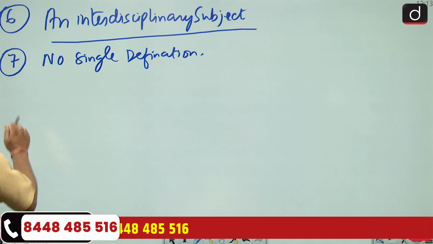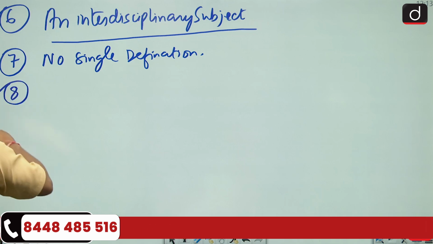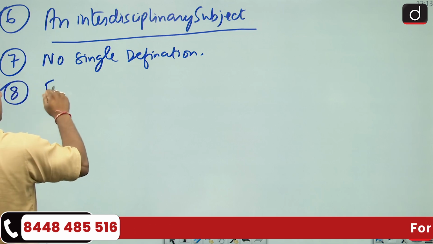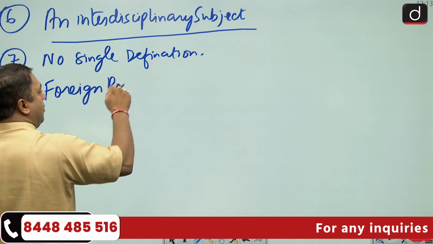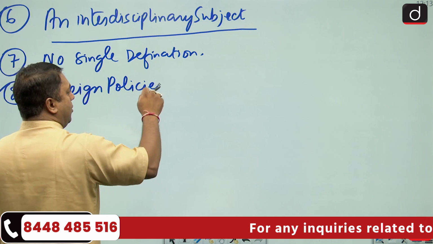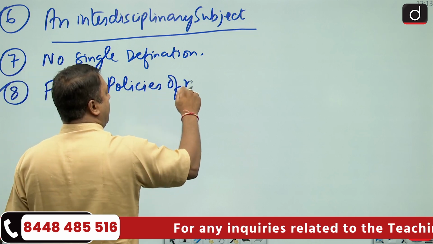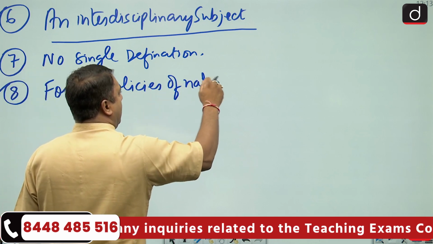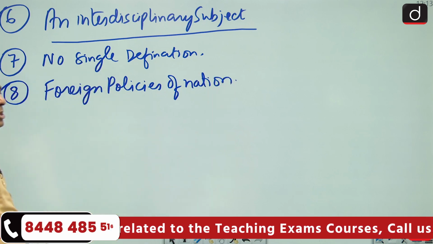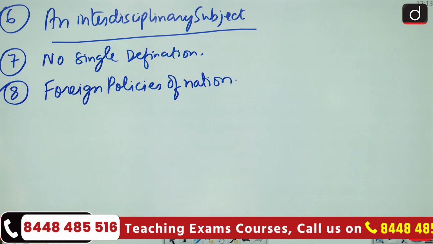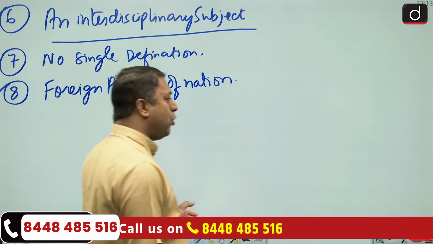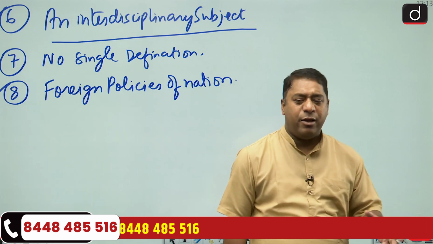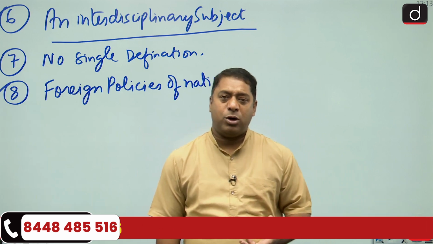और एक और चीज हम बोल सकते हैं, foreign policies. Any nation's foreign policy. ठीक है, मतलब each nation has its own foreign policy, they formulate, they follow their own foreign policy.